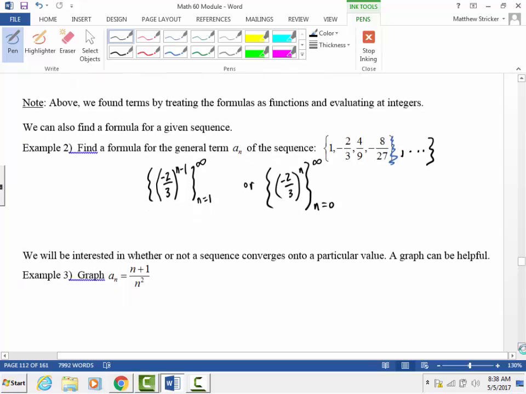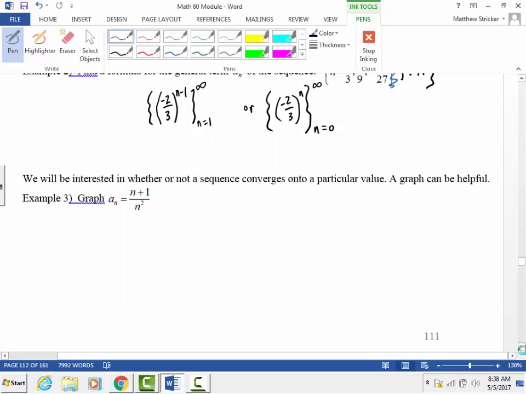If I move down, we're also going to be interested in whether or not a sequence converges to a particular value. A graph can be helpful with this. So let's find the first few terms of this sequence. All right, so a sub n is equal to, if I start with 1, this is going to be 2 for the first term.